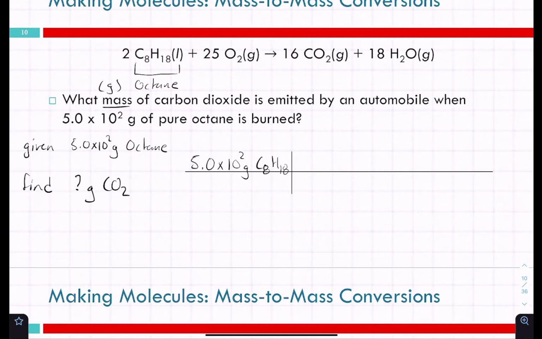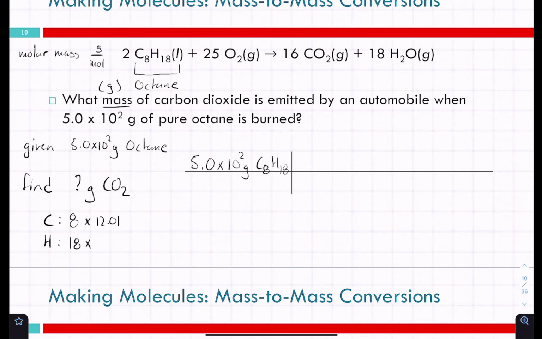And we can calculate that over on the side here. So we've got carbon, and we've got hydrogen. And we have 8 carbon atoms, and we have 18 hydrogen atoms. Carbon is 12.01, which is the molar mass, and molar mass is in grams per mole.